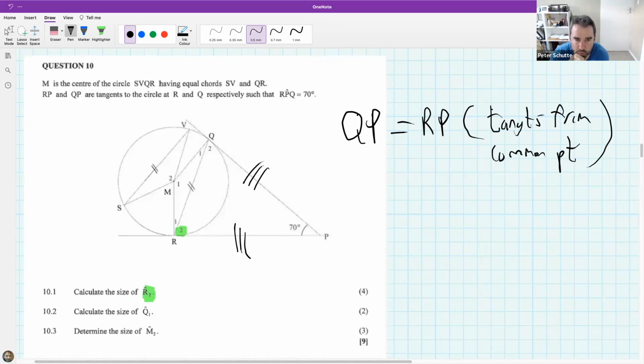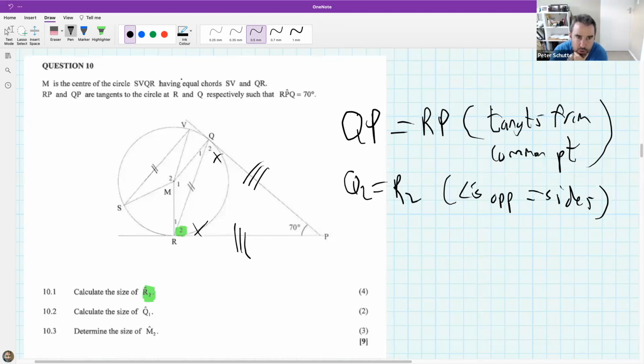Well, we know that Q2 must equal R2. So these two must be the same because of angles opposite equal sides.